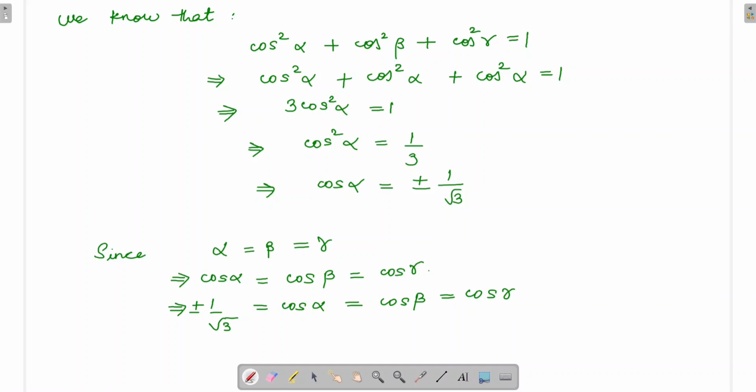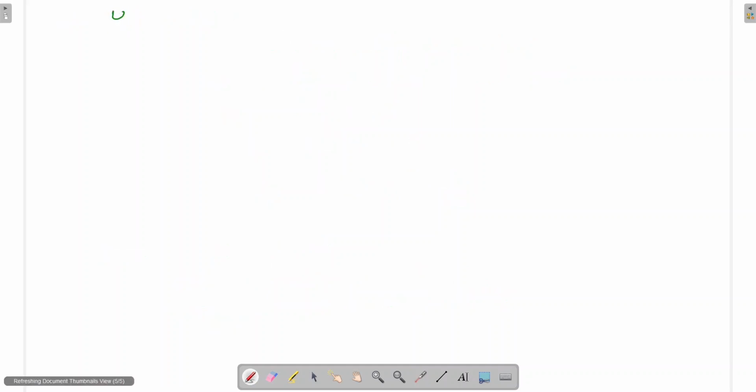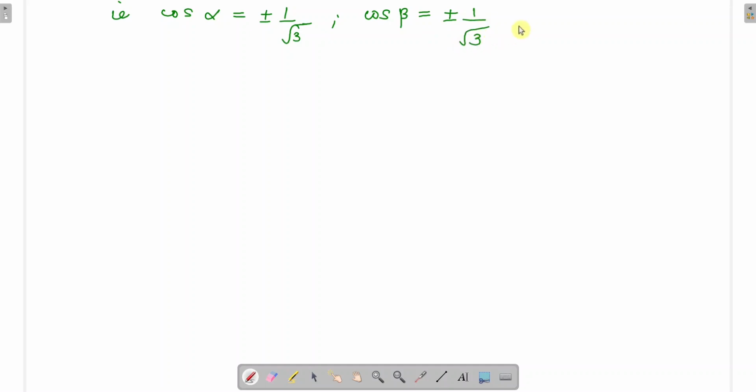Okay, so that means cos alpha is equal to plus or minus 1 by root 3, cos beta is equal to plus or minus 1 by root 3, and cos gamma is equal to plus or minus 1 by root 3.